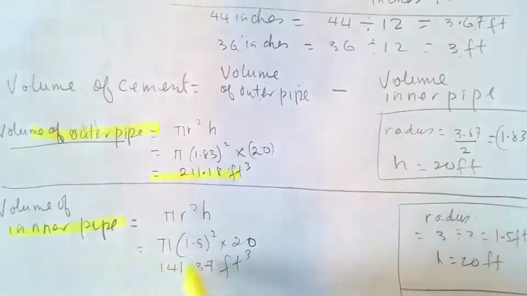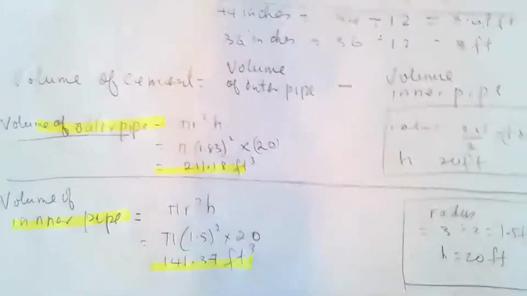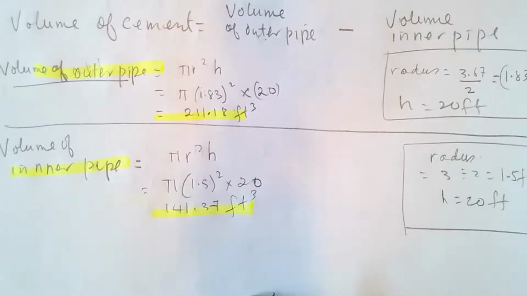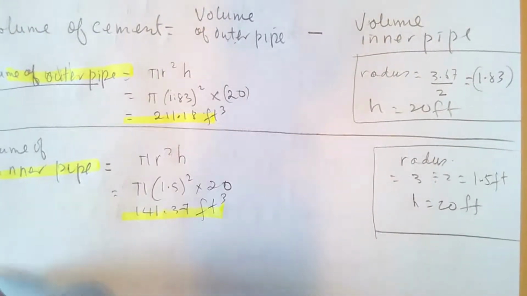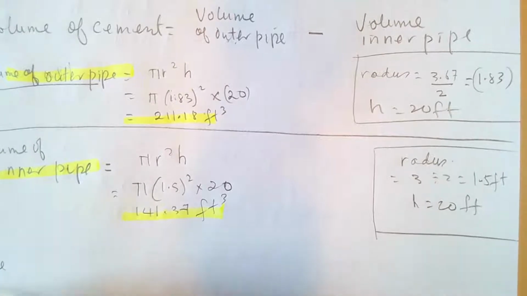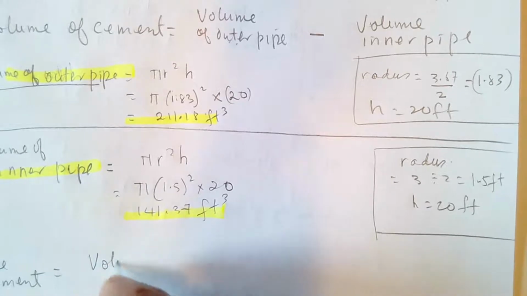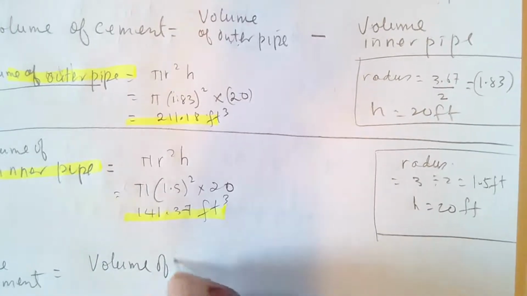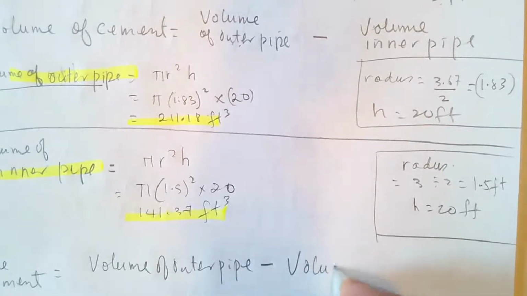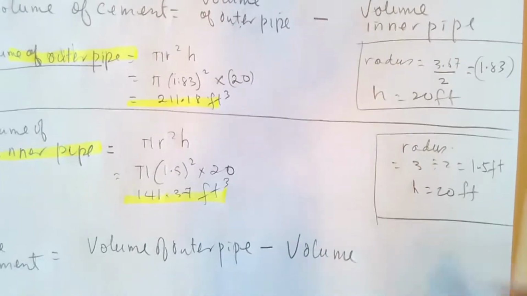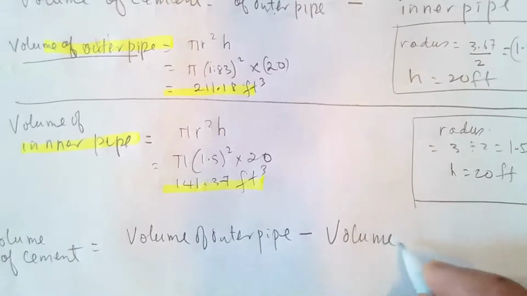Outer pipe, inner pipe. So the volume now will be, we subtract these 2. So the volume of cement is equal to volume of outer pipe minus volume of inner pipe.